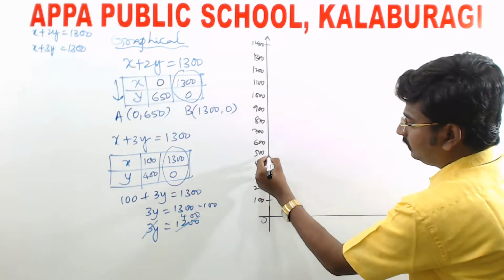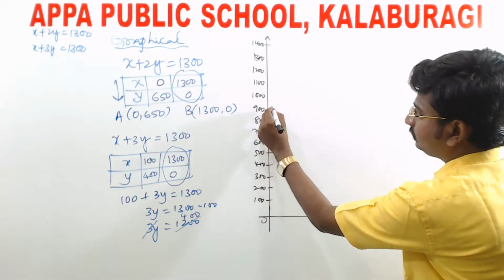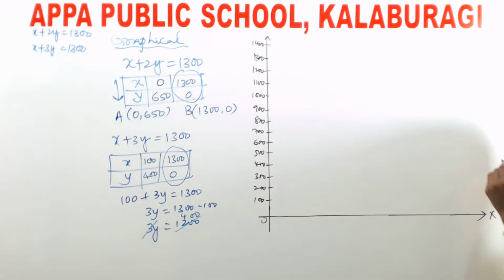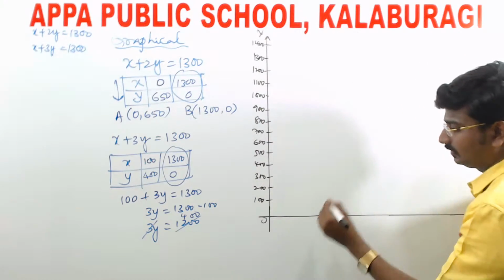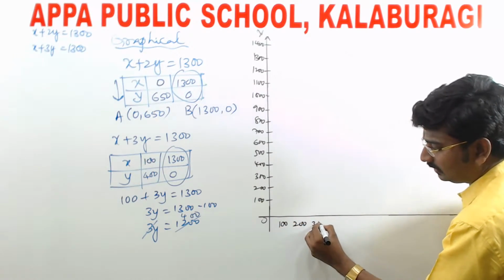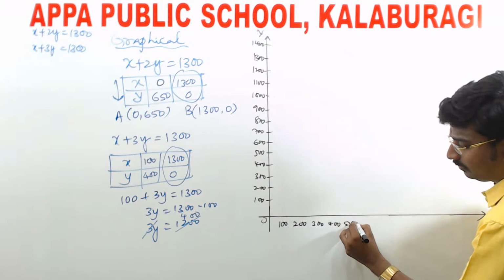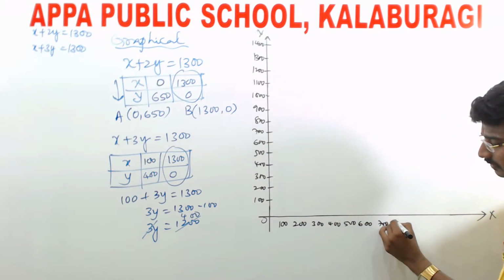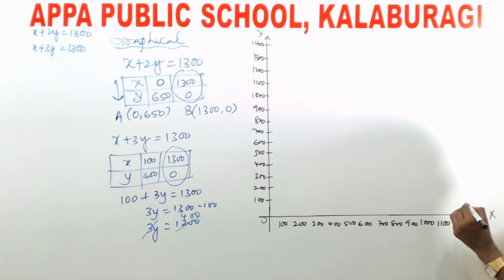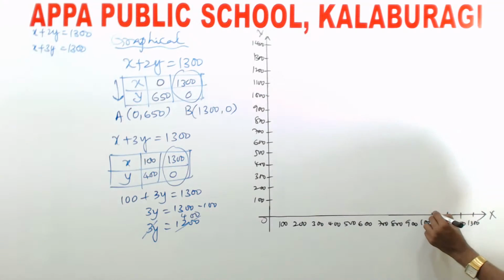You can draw the graph, till then even I will complete it. So this is the x-axis, this is the y-axis. So 100, 200, 300, 400, 500, 600, 700, 800, 900, 1000, 1100, 1200, 1300.